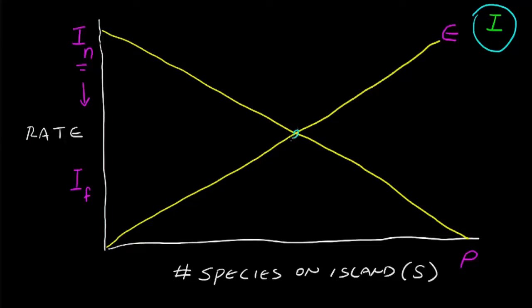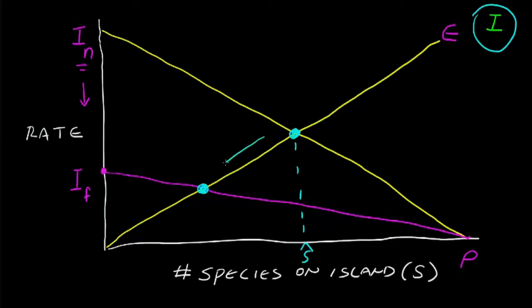So let's draw our initial equilibrium, our S hat here, our species richness at equilibrium. And let's draw a new line now that captures this isolation effect. Okay. So what's happened? What we see now is that for faraway islands, our S hat, our species richness now, changes.